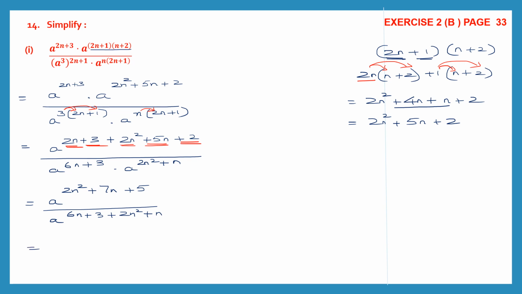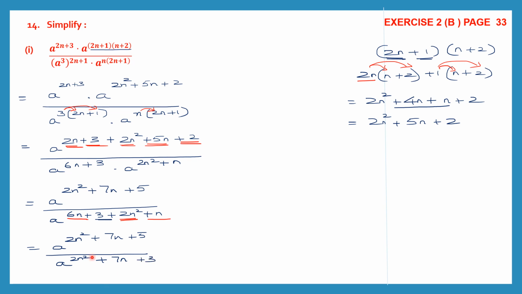So this will now be, the first one remains the same, a raised to the power of 2n square plus 7n plus 5, divided by a raised to the power of, again here let's take the highest power first, which is 2n square. Then let's take 6n plus n, which makes it 7n, and here we have plus 3. So let's write that plus 3.